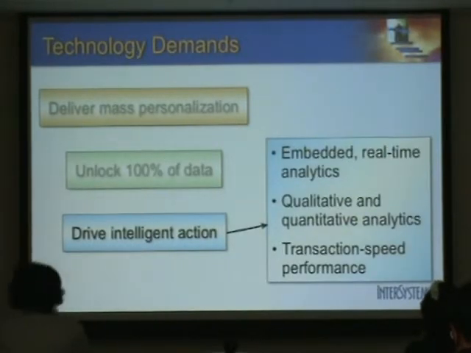And then finally, and this again is a theme that you've heard from us last year and before, you need to have an engine that at transaction speed, at transaction pace, can provide you with business intelligence.